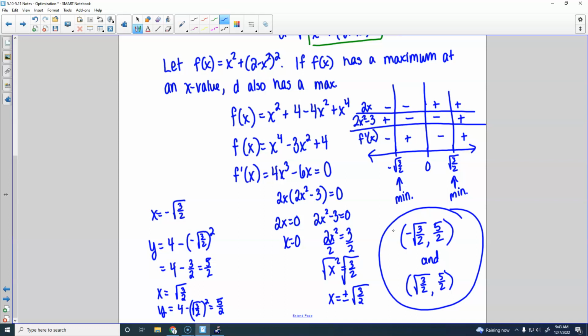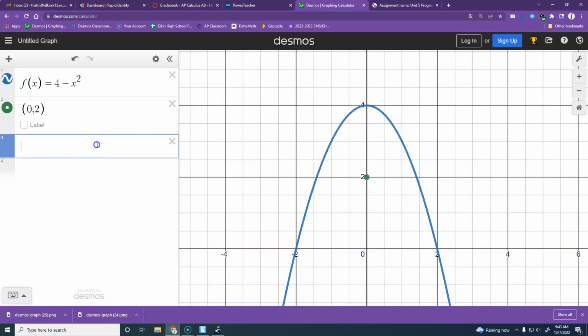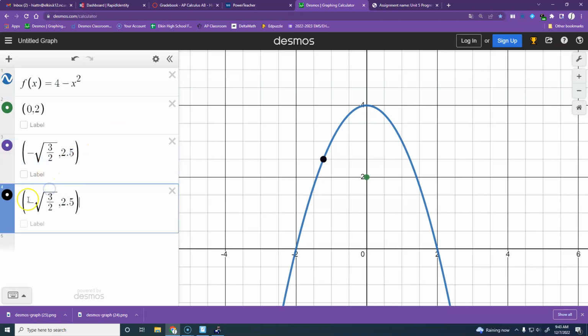So if I flip over to Desmos to graph those, we'll see where they're at exactly. Alright, so you got these 2 points here.